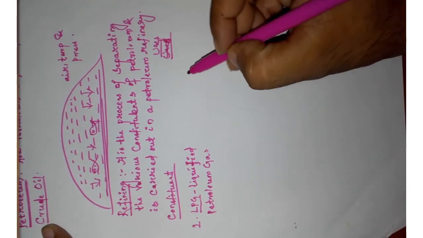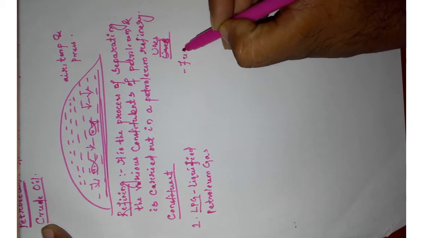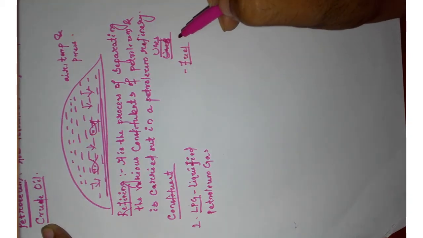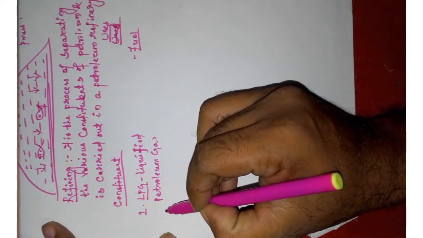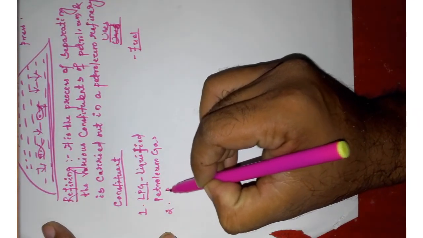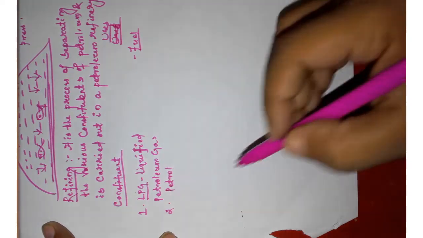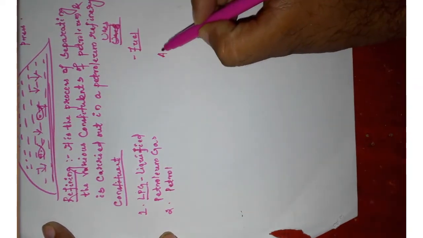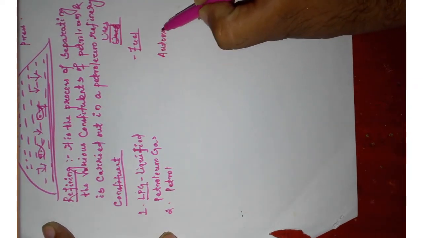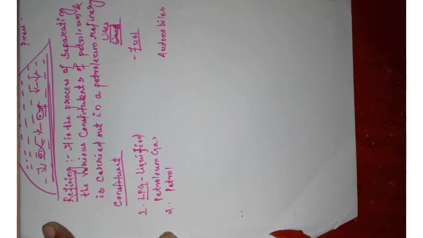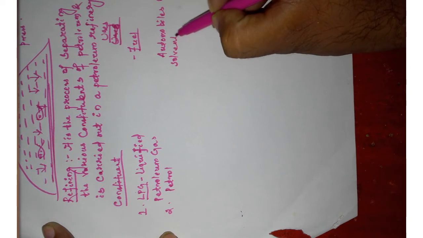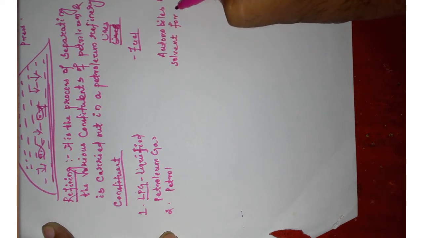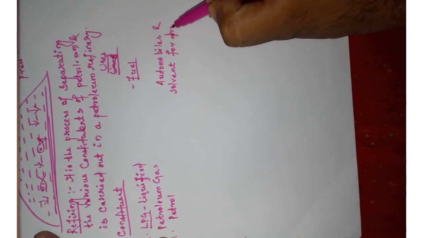LPG is used as fuel for home and industry. Next product, petrol. Petrol is used in automobiles and as solvent for dry cleaning.